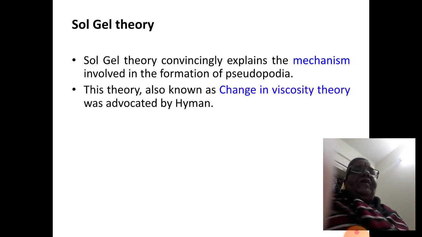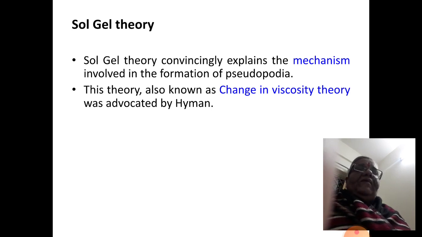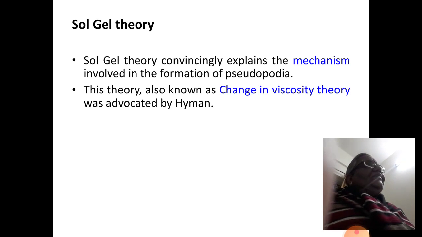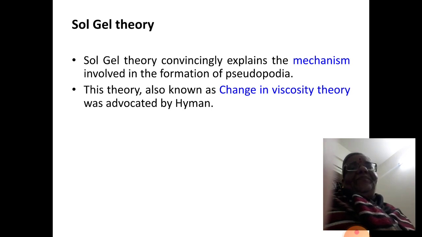This theory is also known as the change in viscosity theory, which was advocated by Hyman. I have already told you. So, the sol-gel theory is also called the change in viscosity theory. So, a question may be asked by either of these two headings.